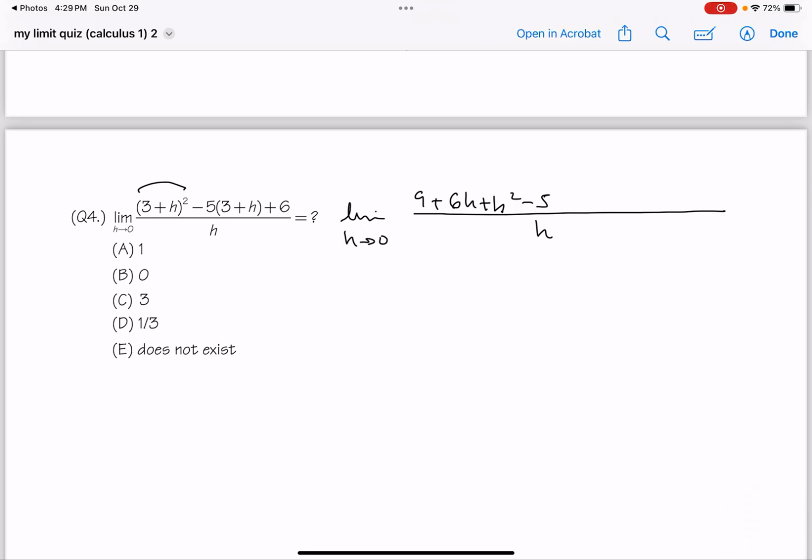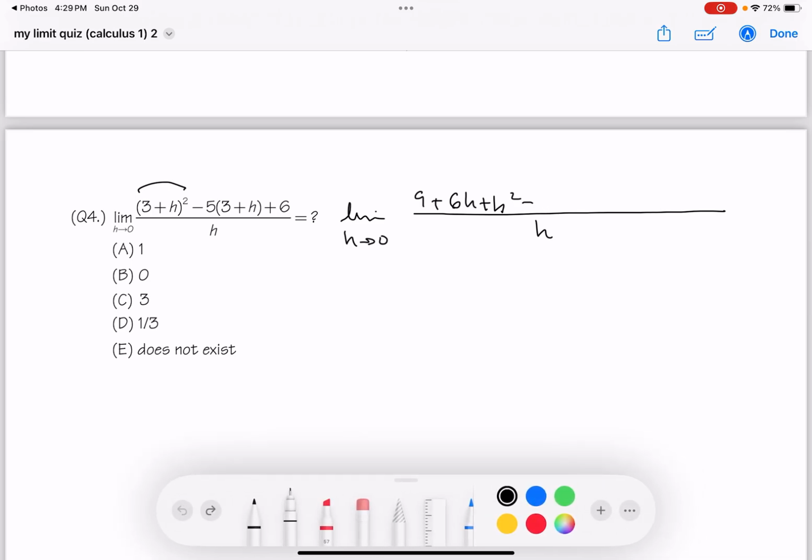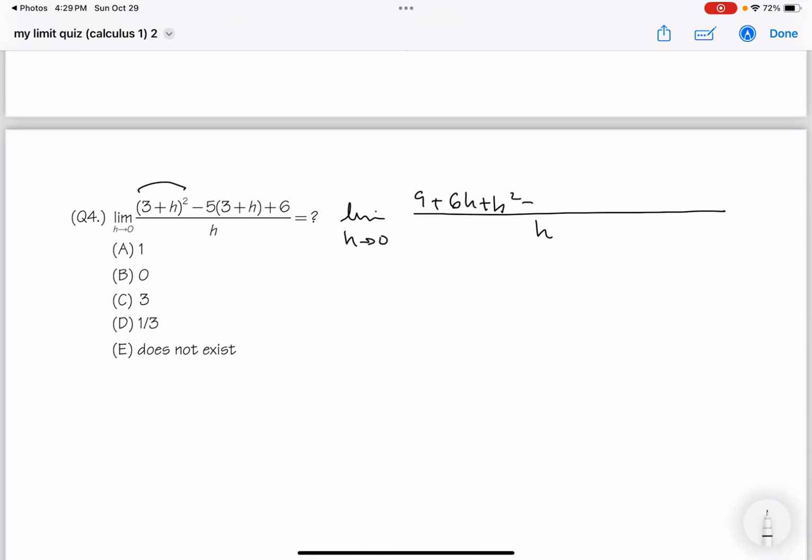I'm sorry about that. Let me just go backwards on that. So minus 15 minus 5h, and then plus 6. What do you get over here? Well, if you look at this, 9 minus 15 plus 6 is 0, and then you get 6h, and minus 5h is just h.